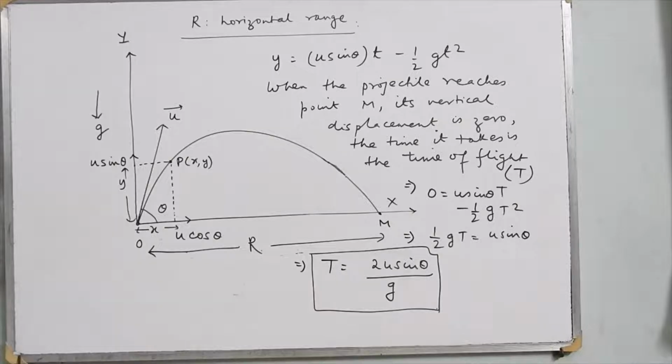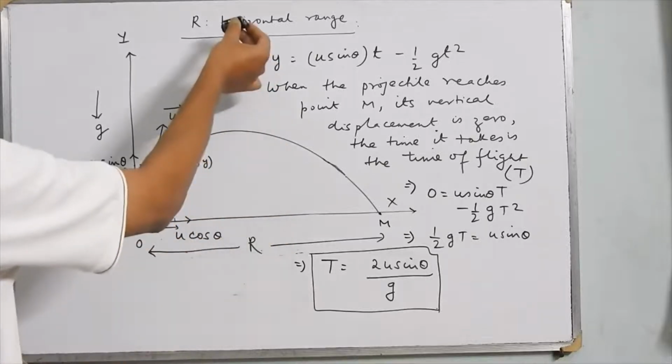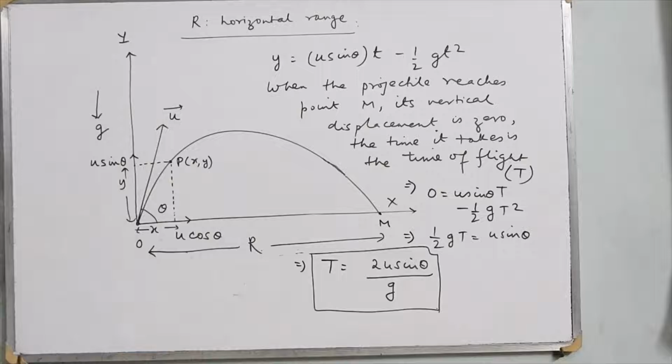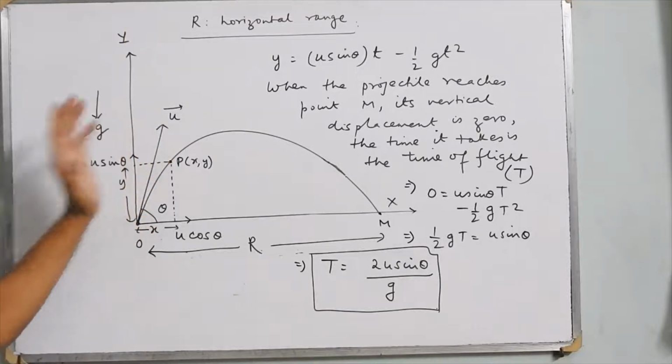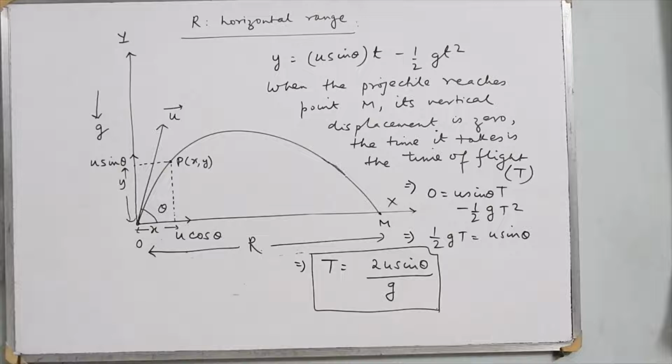If you remember purely vertical motion, where an object is thrown vertically upwards and comes back, the total time is 2u by g, because in that case theta will be 90 degree. So sin 90 is 1 and the time of flight is 2u by g. So here just another factor, sin theta, is being multiplied. So this is the formula for time of flight.